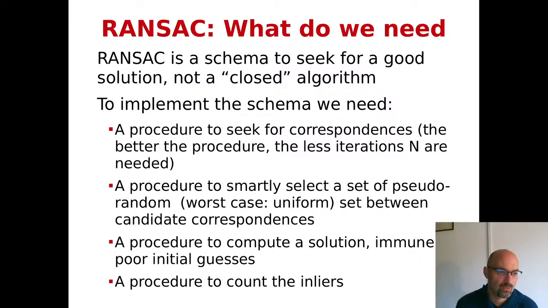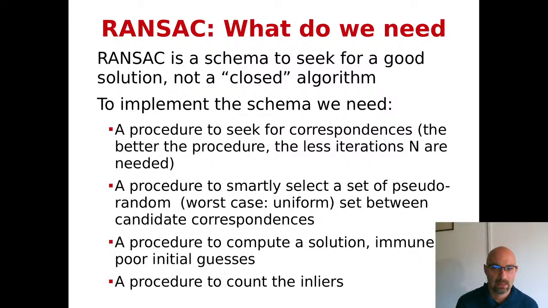Clearly, the more accurate it is, the lower my outlier ratio will be, so the higher the inlier ratio, and presumably I will manage to find the correct solution in fewer rounds, or actually to find a solution.